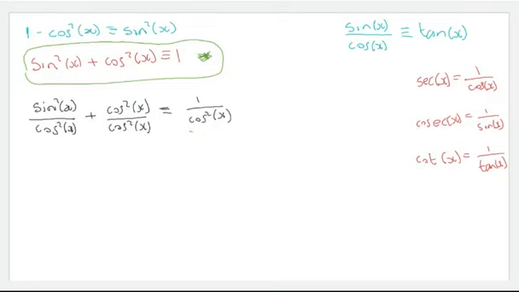Okay. And then question, how do we simplify that? Cancel out the cos squared x and the cos squared x. Sine squared x over cos squared x equals 1 over cos squared x. We don't cancel like that, but the cos squared x over cos squared x cancels, it becomes 1 because anything divided by itself is 1.